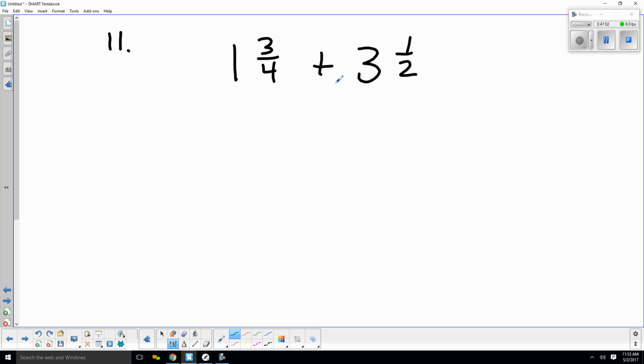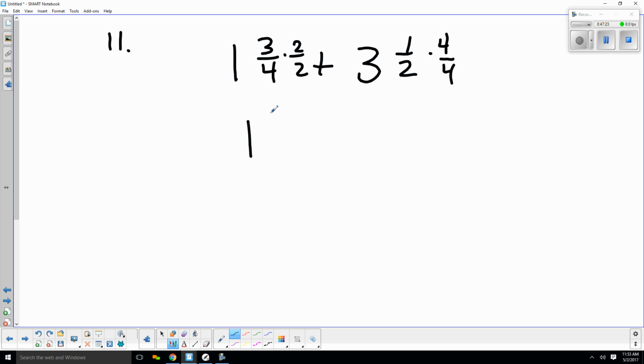It was the word problem page. I wanted to know the total amount of time, so I've got to add these. For me to add, I've got to get a common denominator. So I'm going to take 3/4 and multiply by the opposite denominator, which is 2. I'm going to take 1/2 and multiply it by the opposite denominator, which is 4.